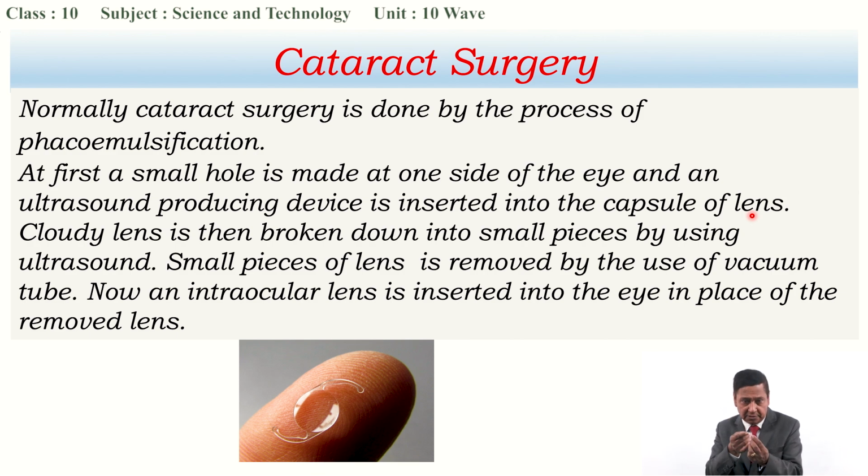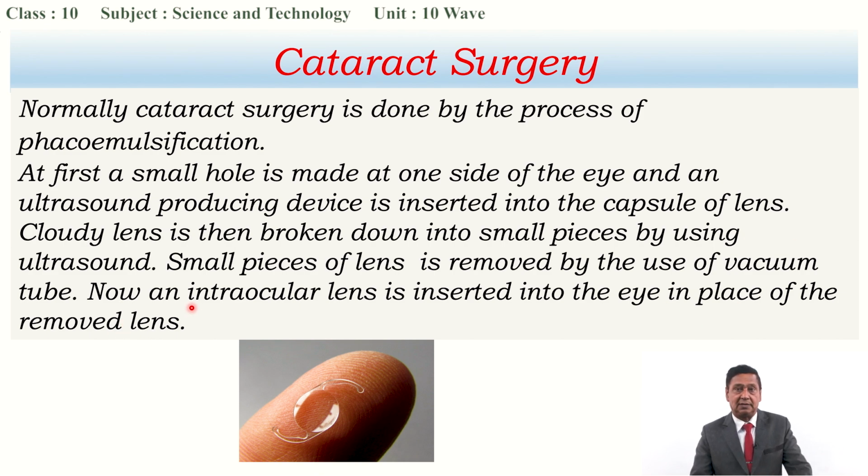We insert a probe which goes into the capsule, and it produces ultrasonic sound. Using the vibration of ultrasound, the natural convex lens of the eye is broken down into pieces, and the small pieces of lens are removed by the use of a vacuum tube.